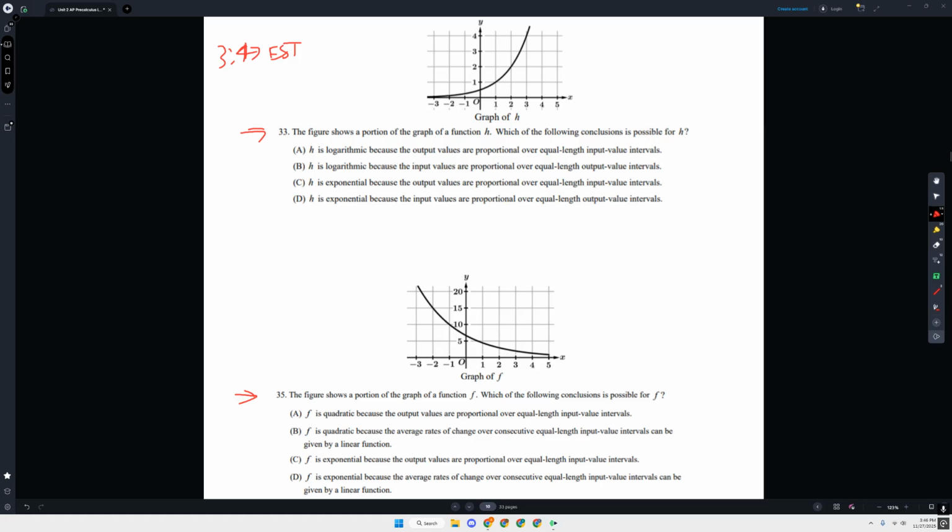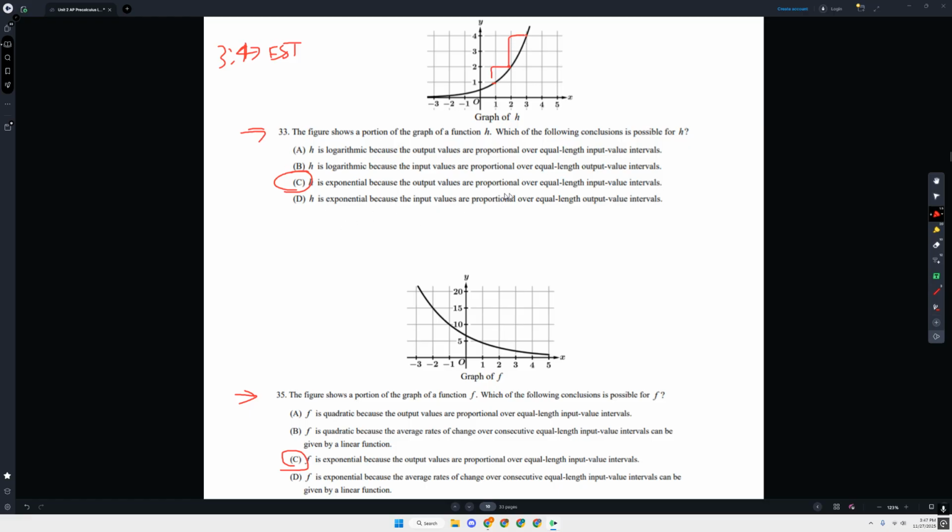Okay, so the answers are C and C. For the first one, I hope you see that this goes from 1 to 2, so it means it's multiplying by 2 each time.